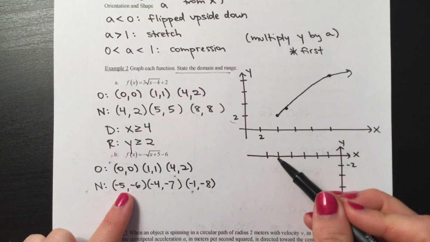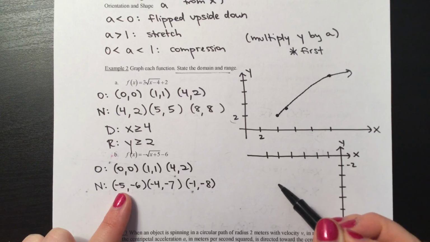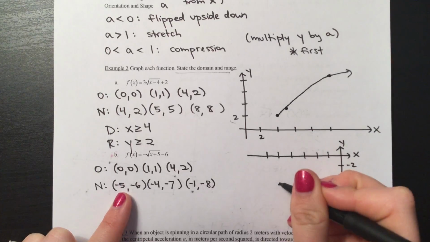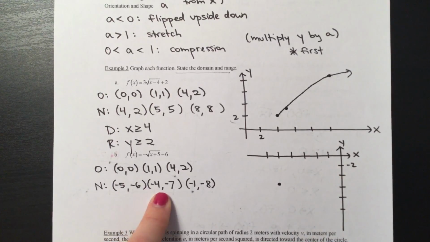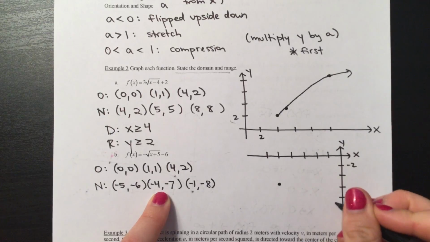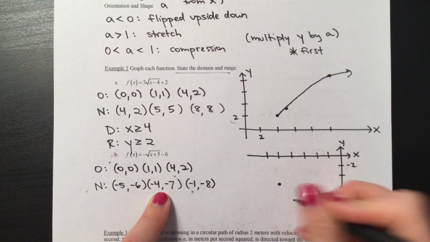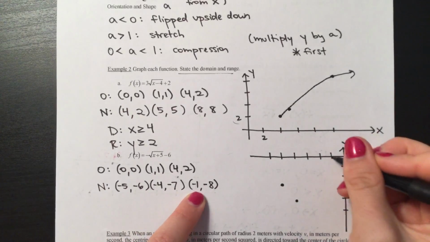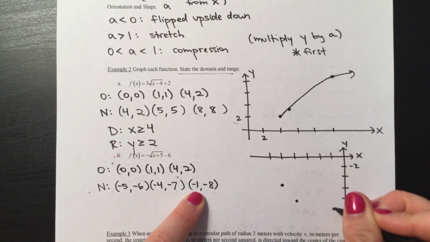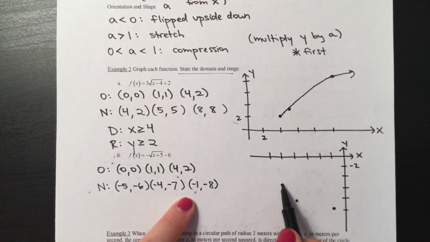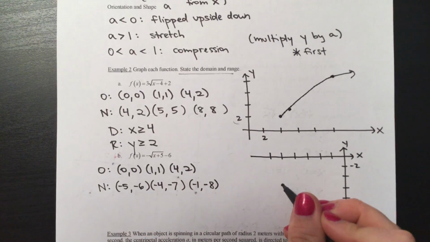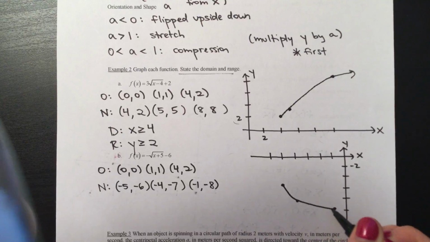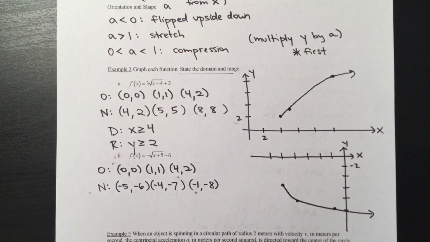So here's -5, and then down at -6, right there. Starting point. -4, -7. So right there, there's -4, -7, and -1, -8 is right there. Okay, so this is the starting point, so plot nothing beyond that point. Start there, and then just follow the curve, and it goes off to the right, like that.